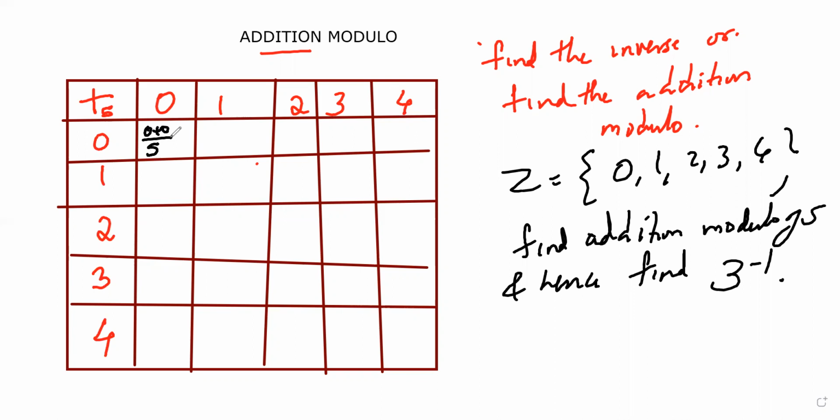So it's not the quotient. We have to find the remainder value of this thing. So for this thing, 0 plus 0 is 0. 0 by 5, I have to find the remainder. So what is the remainder of 0 by 5?